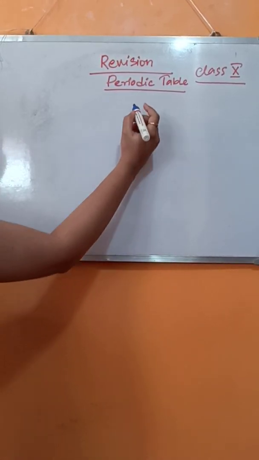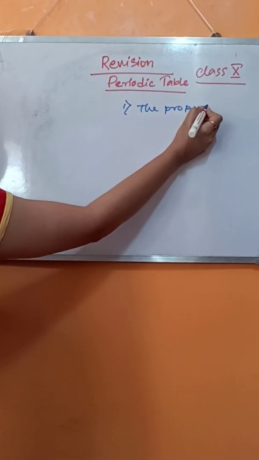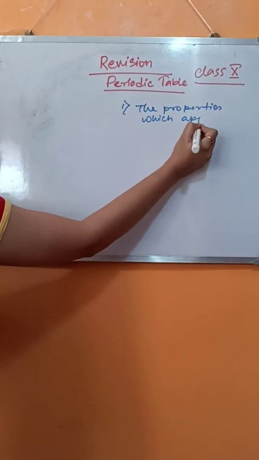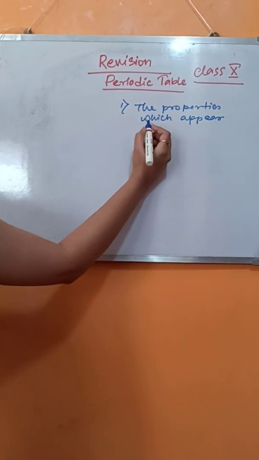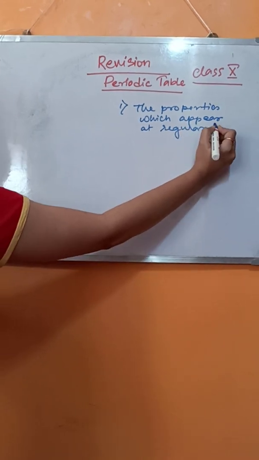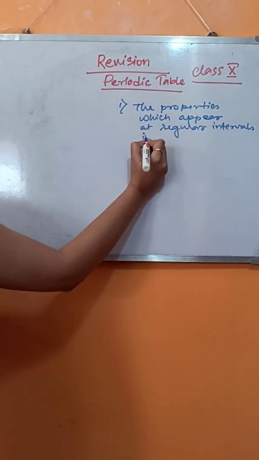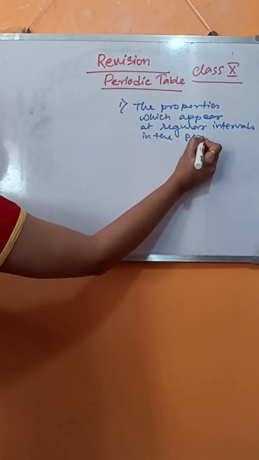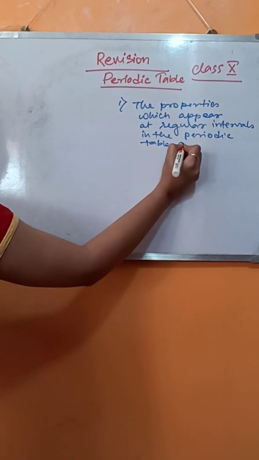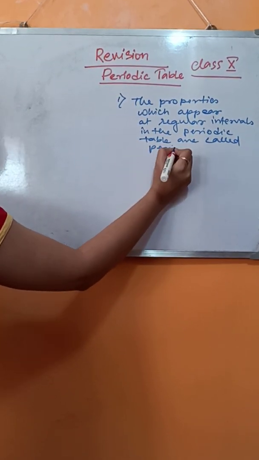The properties which appear at regular intervals in the periodic table are called periodic properties.